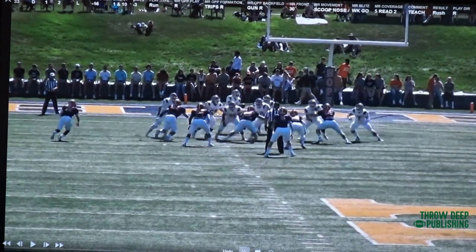So now this backer knows that, okay, he's going there. I've got this guy coming down. I've got a puller. This is the gap that I'm concerned about right there, is that A gap away from me. Everything else is secured on this side, and then this backer can just sit and knowing that, okay, this guy, the nose is coming to the B gap, I've got this C gap, so now I can just sit there and flow accordingly.